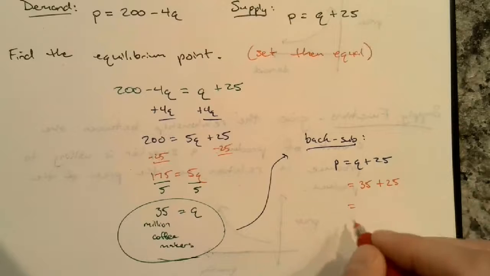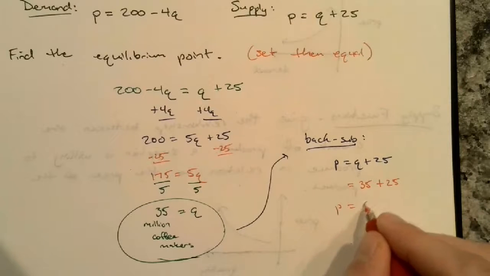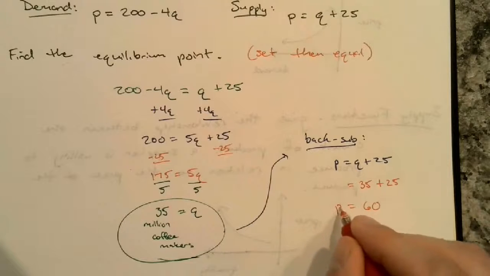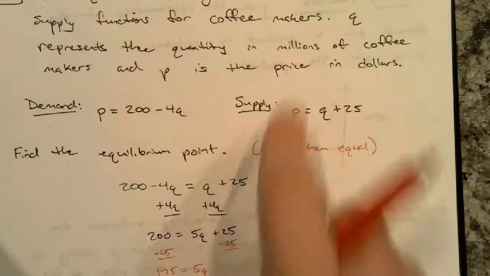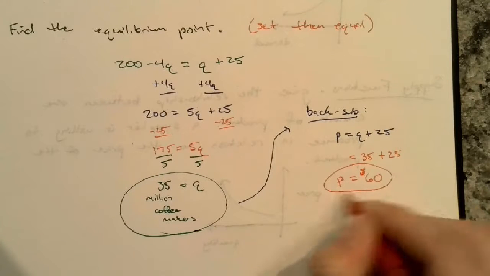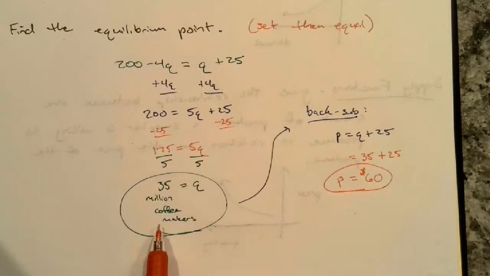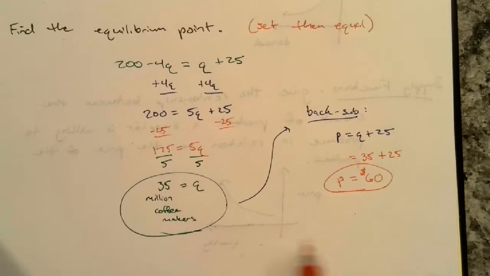So P is equal to 60. P, from the top, is the price in dollars. So the price for the coffee maker is $60. When the price is $60, the amount of coffee makers sold is 35 million. So the equilibrium point, Q comma P, would be the point 35 comma 60.